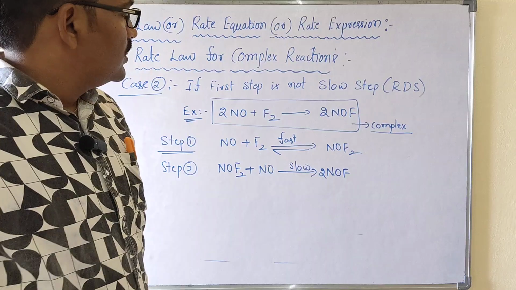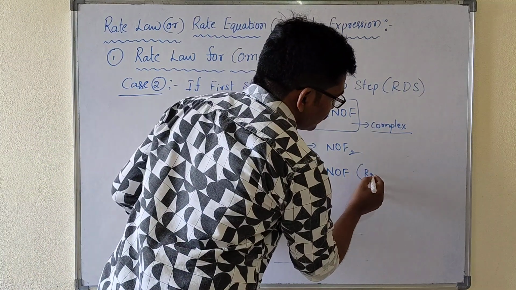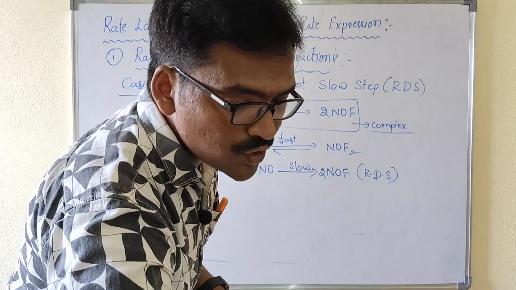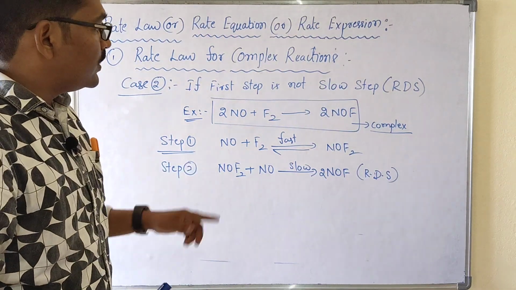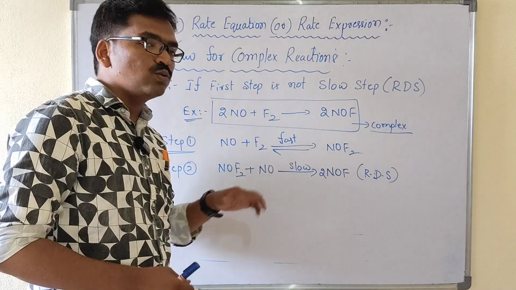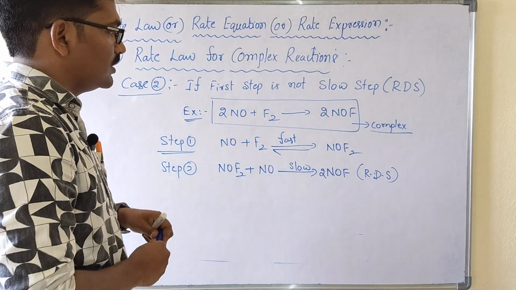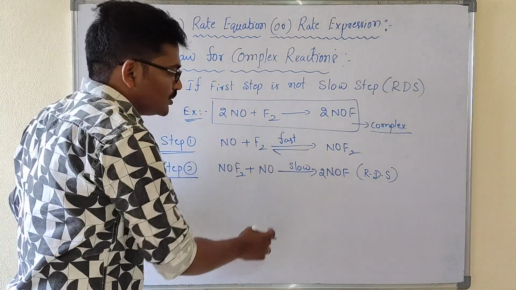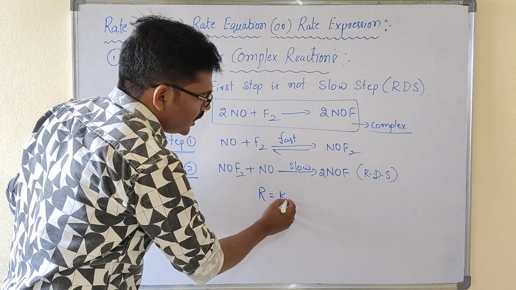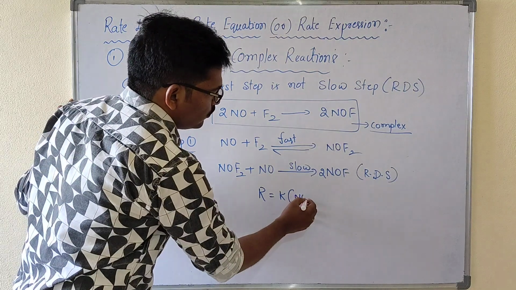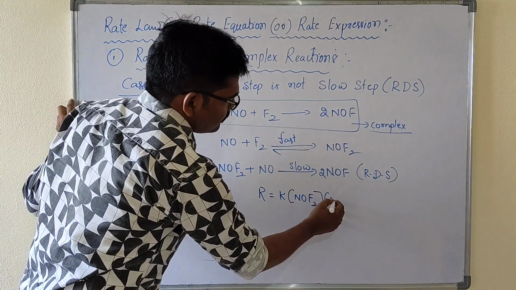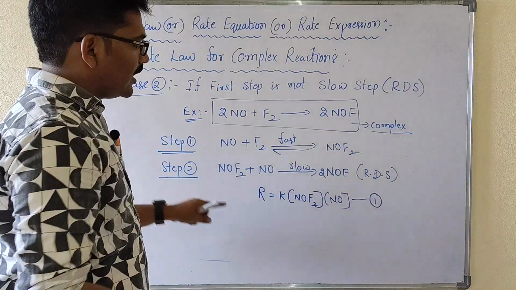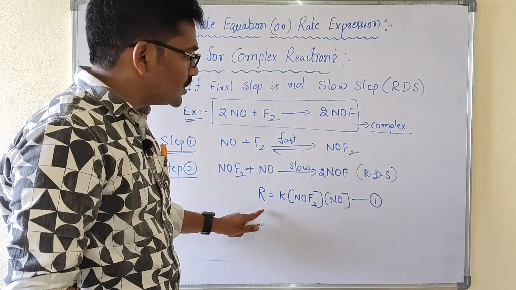This second step is slow step, rate determining step అని చెప్పుకున్నాం ఇందాక. ఫస్ట్ స్టెప్ స్లో స్టెప్ అయితే డైరెక్ట్గా రేట్ లాని ఇక్కడ నుంచే తీసుకోవచ్చు, but from this we cannot take. Generally R equals K into [NOF2] into [NO]. Just take it as equation number 1. సో ఇది రాంగ్ యాక్చువల్గా. రేట్ లా ఎక్స్ప్రెషన్ ఇస్ రాంగ్. ఎందుకు రాంగ్?